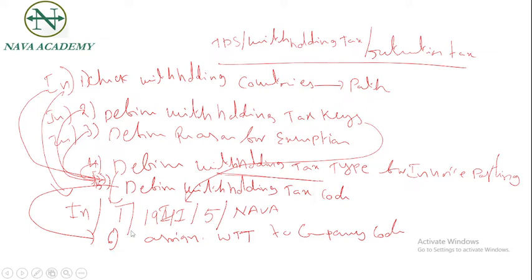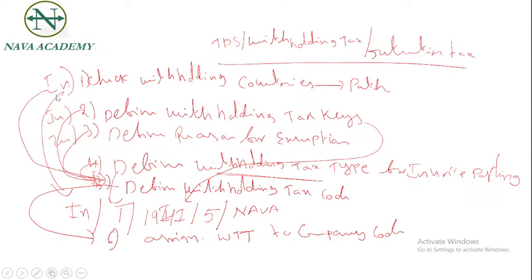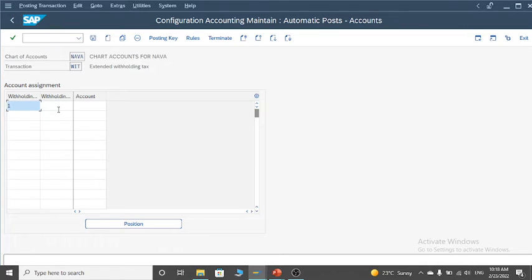We have given 1 and the tax code is 5. Okay, 1, 5 and account.